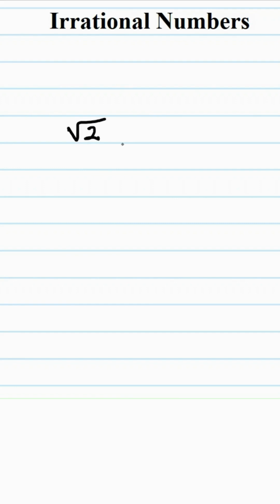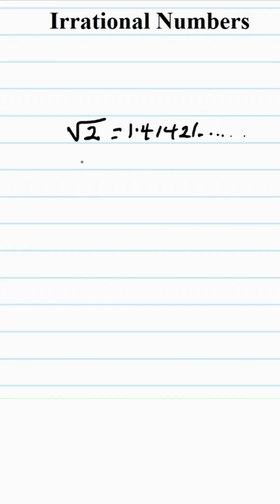Now, if you put this number in your calculator, you will have something like this: 1.4142, and it continues. This is an irrational number. Their decimal parts never end.